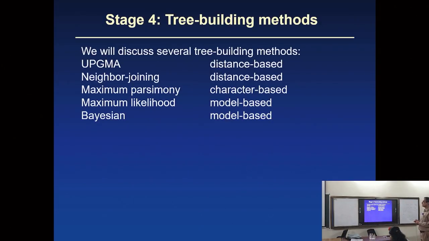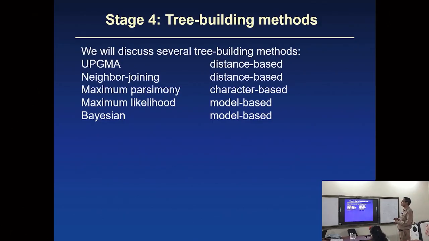Okay, so here are the 5 tree building methods: UPGMA, neighbor joining, maximum parsimony, maximum likelihood, Bayesian. Okay, UPGMA and neighbor joining are distance based, maximum parsimony is character based, maximum likelihood and Bayesian are model based. Okay.